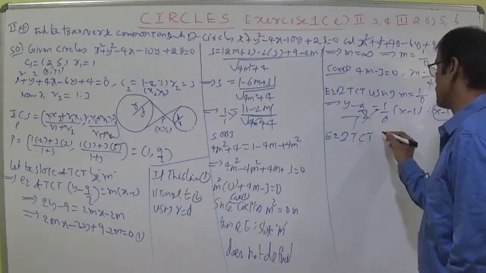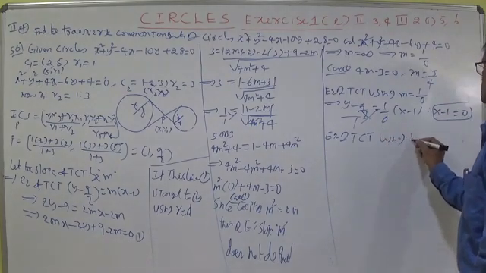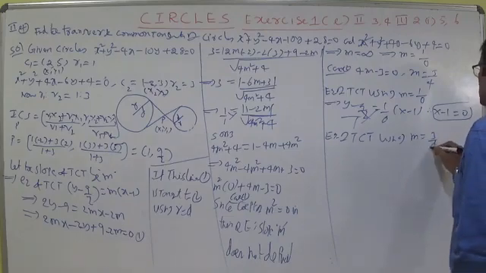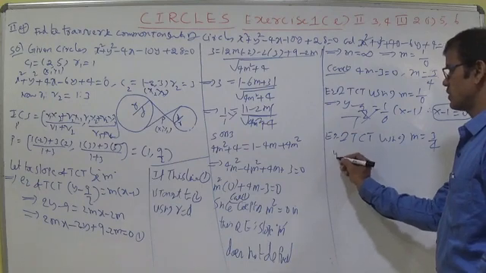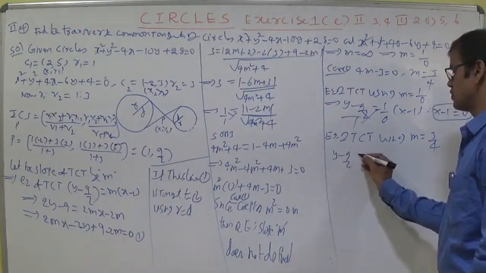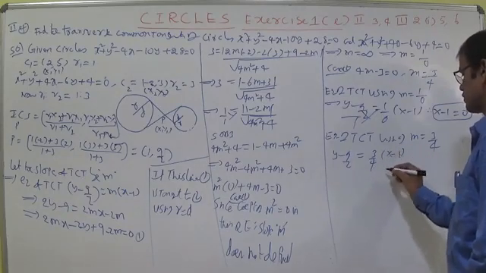Equation of TCT I am writing using m is equal to 3 by 4. It is direct only. You can write y minus 9 by 2 is equal to 3 by 4 into x minus 1.